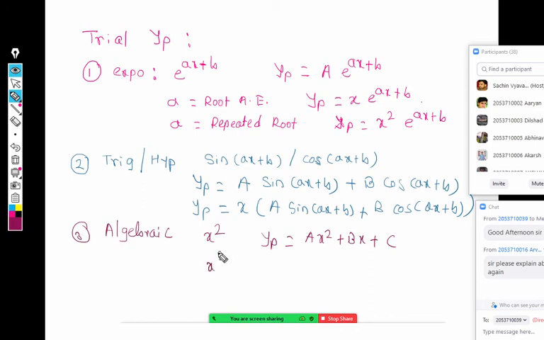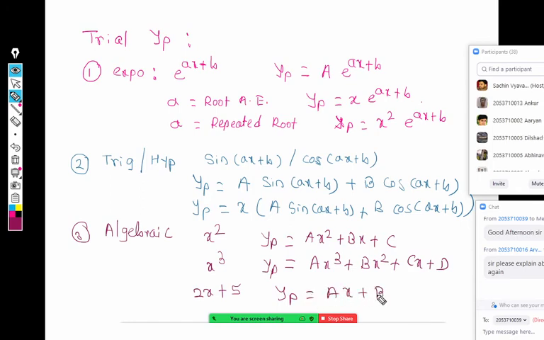Suppose it is x cube, then it is a cubic, ax cube plus bx square plus cx plus d. Is it clear? Suppose it is like 2x plus 5. If the RHS is 2x plus 5, the corresponding yp should be ax plus b only. Any doubt in writing a trial yp?